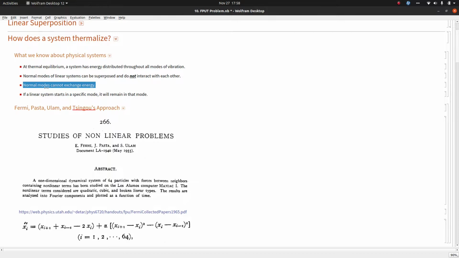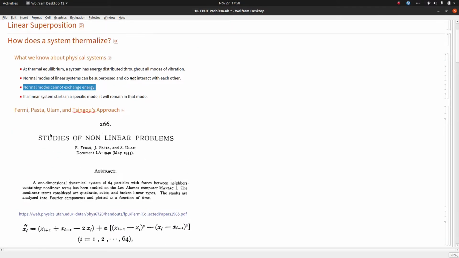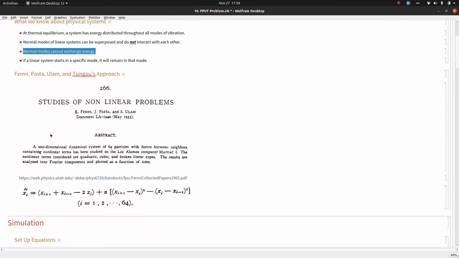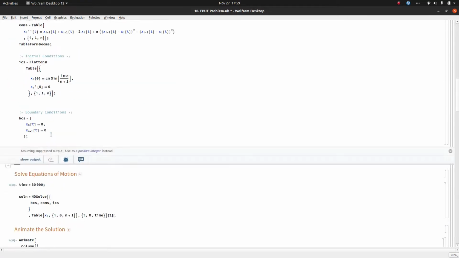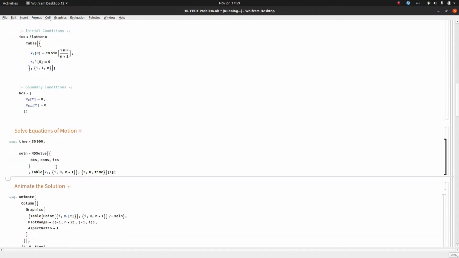Now they can interact, they can exchange energy. So maybe this is what we need to thermalize the system so that each mode gets a certain amount of energy and then it stays with that amount of energy. That was the hypothesis that Fermi, Pasta, Ulam, and Tsingou had. And we're going to try that now. So we'll run that. We'll solve our system of equations.